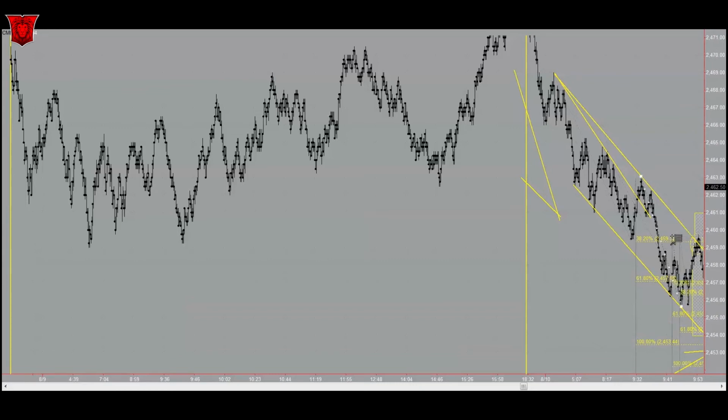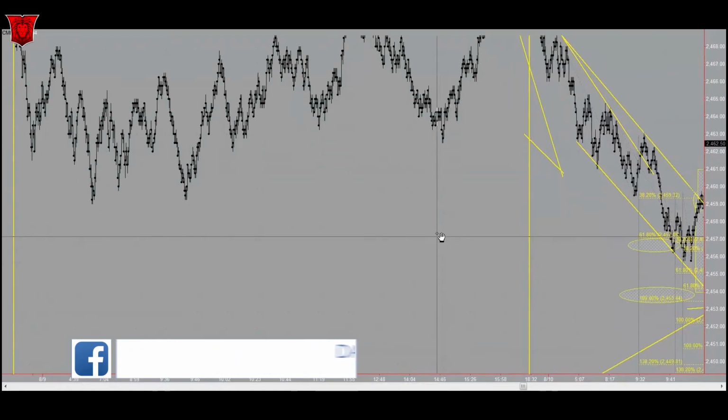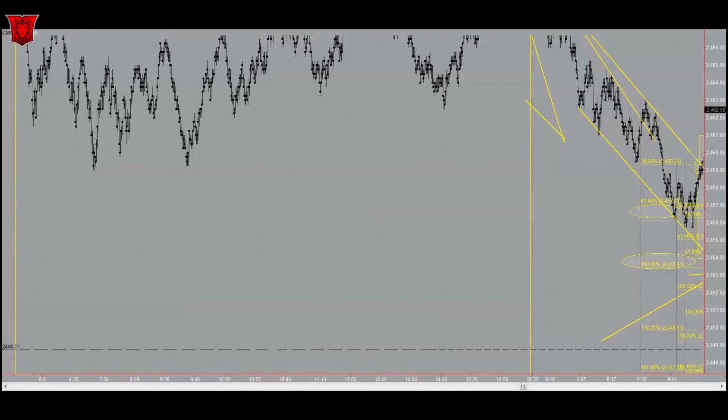Notice how we start to have these areas kind of follow each other. So notice how here we have a cluster, right? We have a confluence of fibs. Notice how here we have a confluence of fibs. If I go a little bit further down, notice how we have another confluence of fibs down here, right in this area.